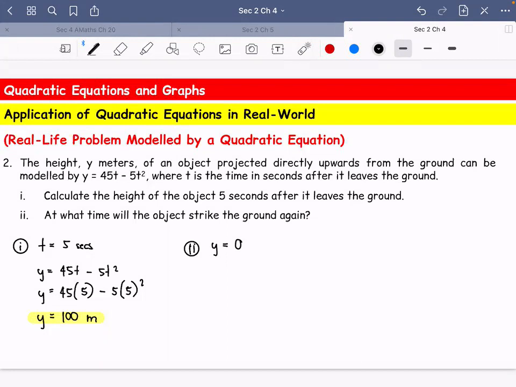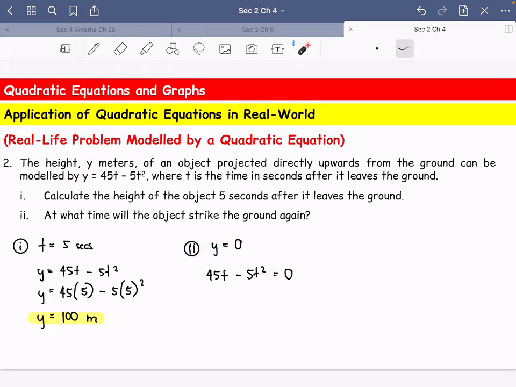So the formula was 45t minus 5t squared equals 0. Because y now is 0, that's why this is 0. So what do we do? How do we factorize this?